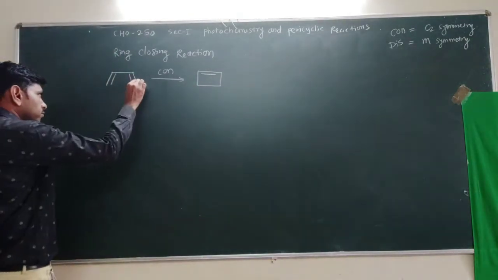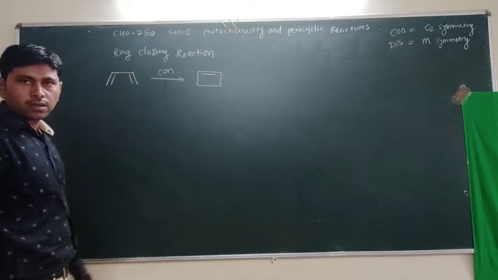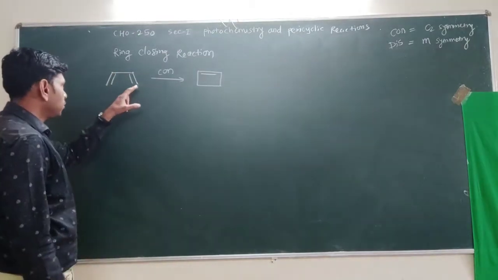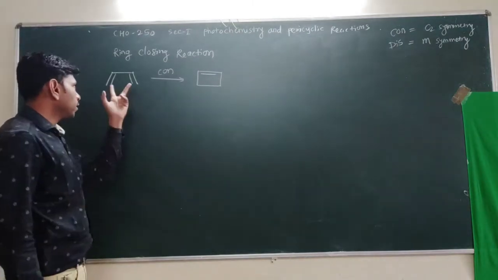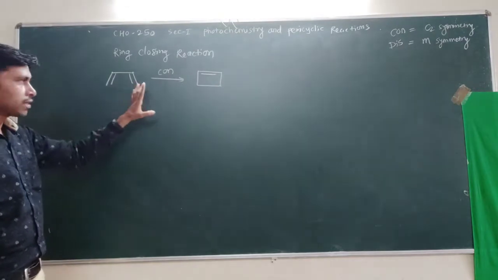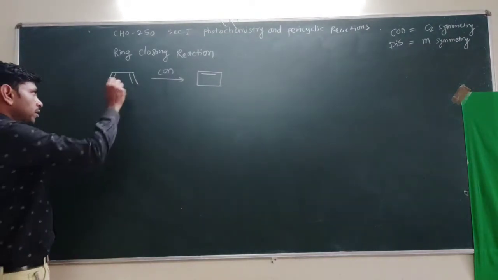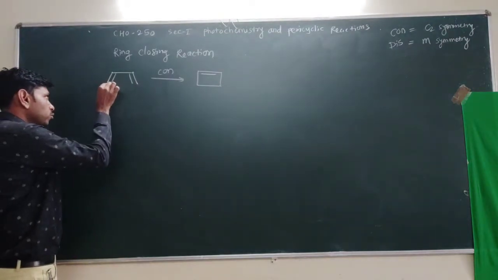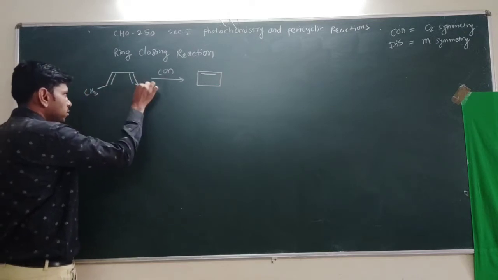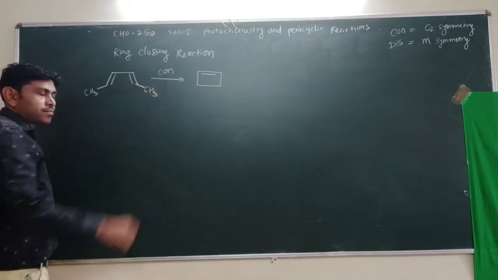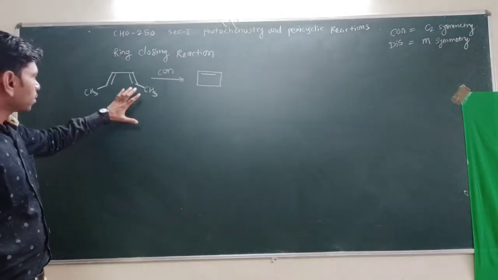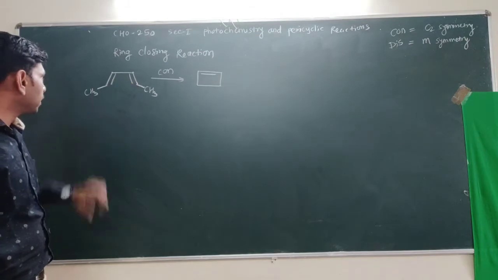When there is no substituent on the carbon which undergoes bonding, these two end carbons do not contain any substituent. But suppose substituents are present at the end carbons, and both substituents are CH3.